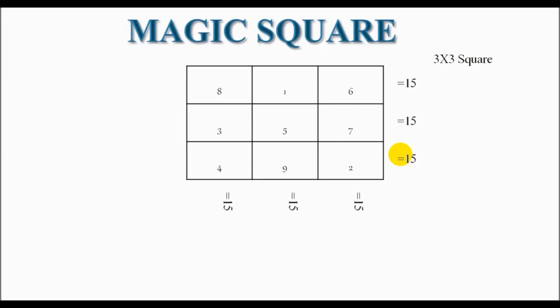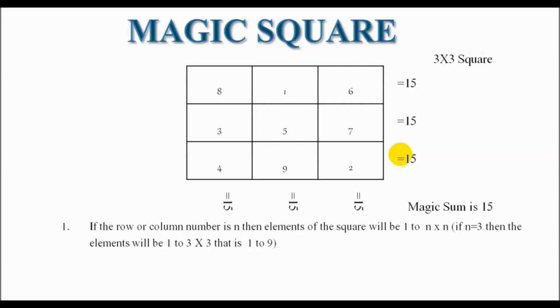So, a magic square is an n by n matrix in which every row, column and diagonal adds up to the same number, which is called the magic sum. For this magic square, the magic sum is 50. So, here are some facts about magic squares. If the row or column number is n, then the elements of the square will be 1 to n squared.